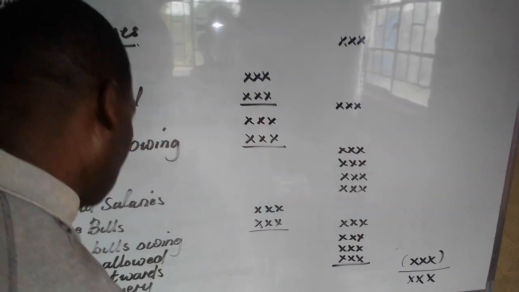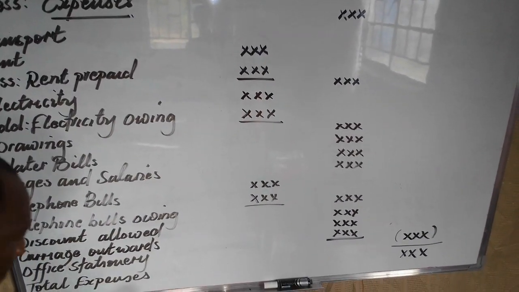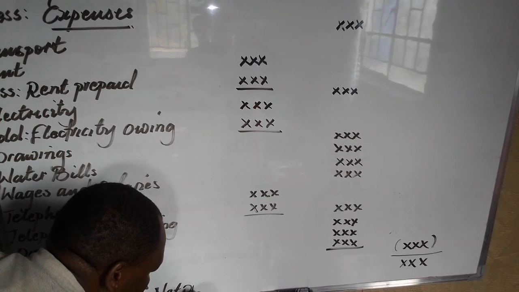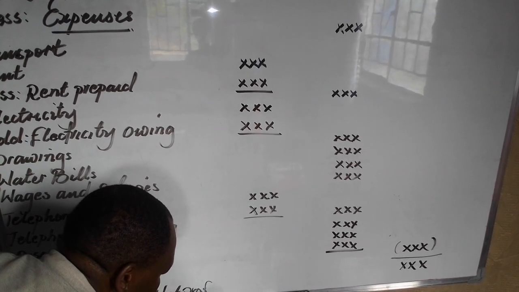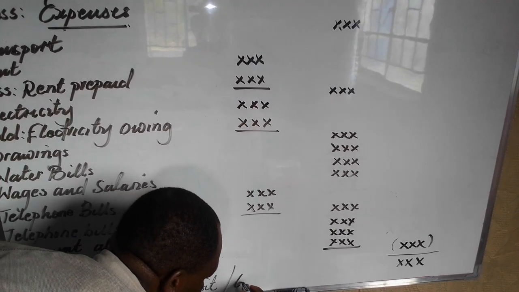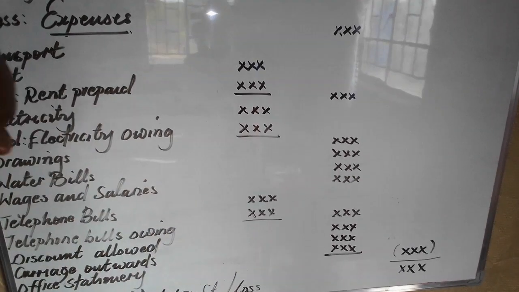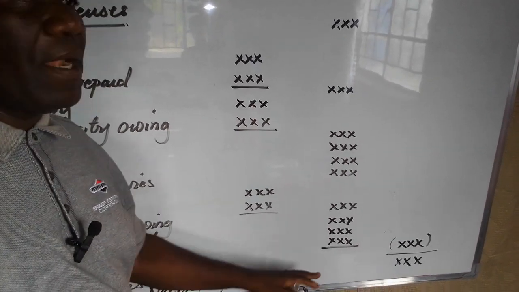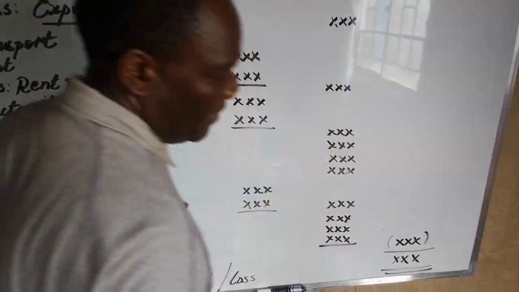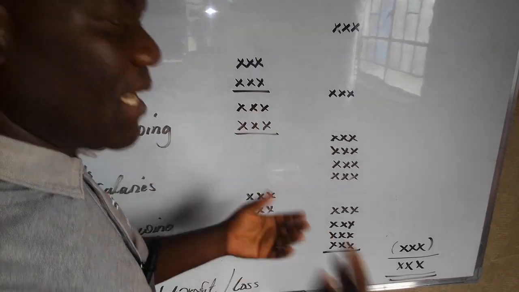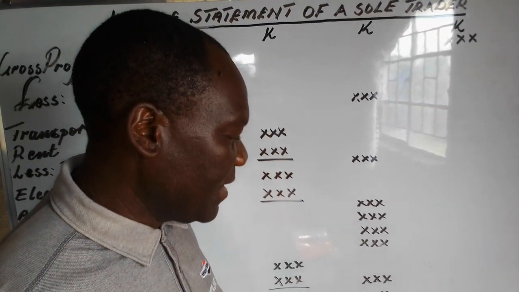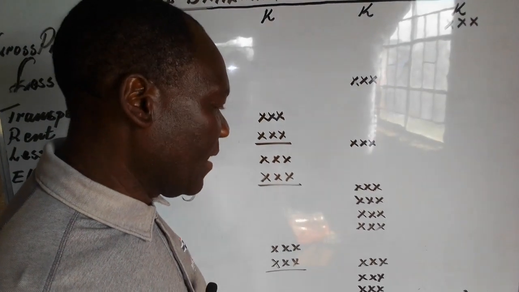If it is bigger, then this will be called net profit or loss. It can be net profit or net loss, depending on the figure that you get. If the answer is bigger after subtracting, then it is a profit. If it is less, then it is a loss.